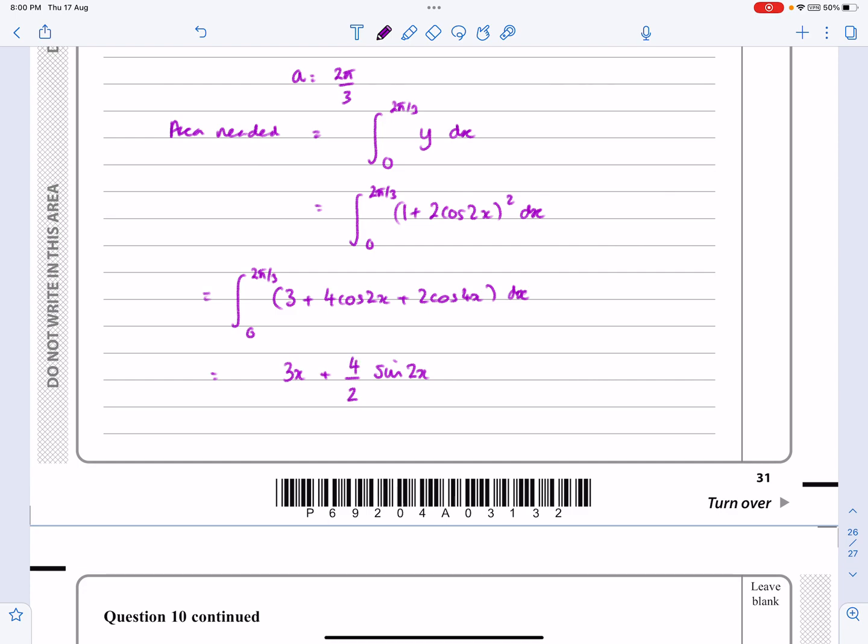Same idea with the cos 4x, the integral is sine, but because of the 2 and the 4, we're going to get those ones, all between 2 pi over 3 and 0.